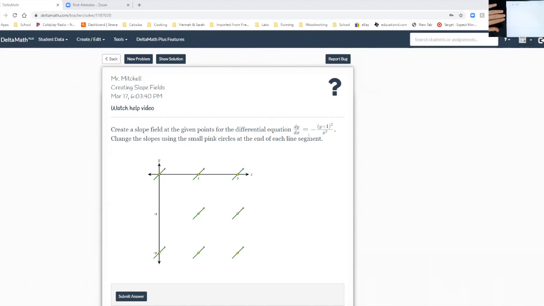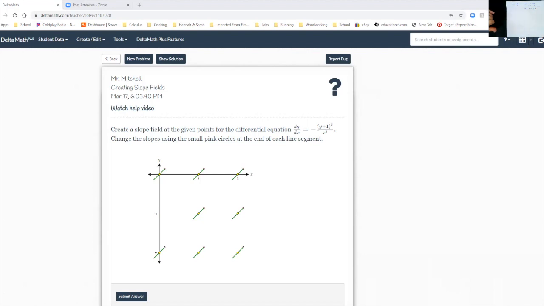Okay, and we want to do the points at, I'm looking at this, it's 0, 0, and then 1, 0, 2, 0, and then 1, negative 1, and then 2, negative 1, and then 0, negative 2, and then 1, negative 2, and then 2, negative 2.